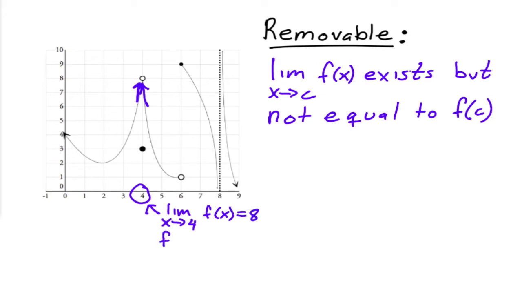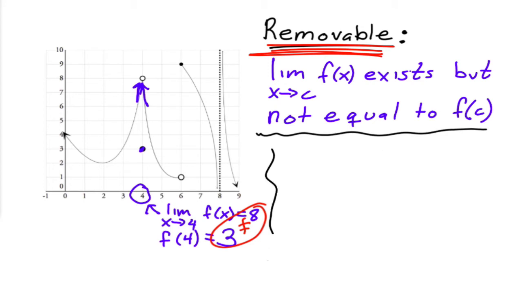But the value of the function at 4 is equal to this guy right here, 3. So because those two are not equal to each other, that's called a removable discontinuity.